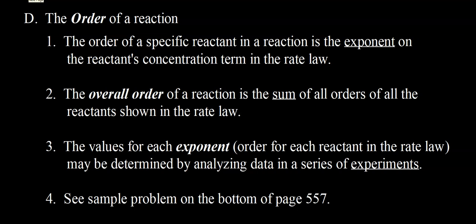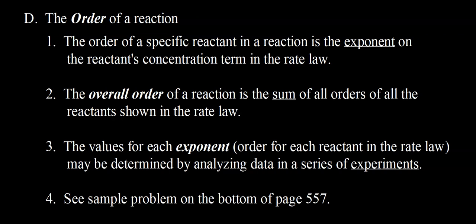All right, so let's talk about these orders. The order of a specific reactant in a reaction is simply the exponent on the reactant's concentration term in the rate law. So we have individual orders and we also have an overall order. The overall order is simply the sum of all the individual orders. The values for each of these exponents or orders may be determined by analyzing data from a series of experiments.